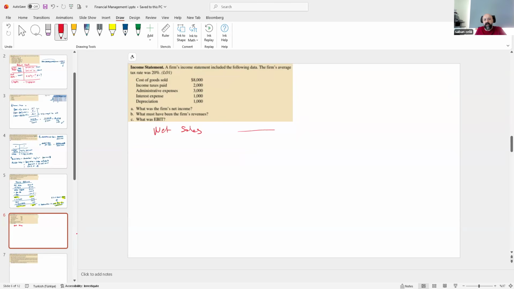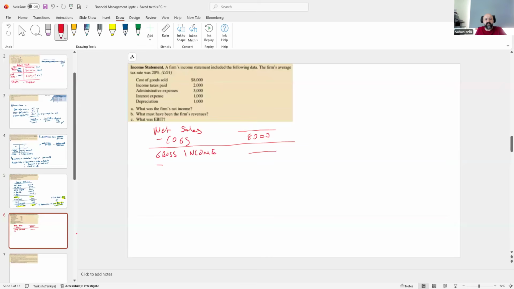So I will leave it empty. Minus cost of goods sold, which is 8,000. And then this is going to be gross income. And again, I don't know. I subtract, what costs do I know here?